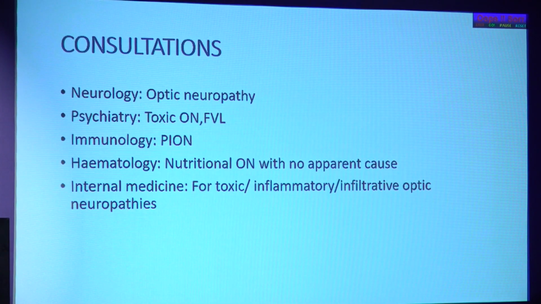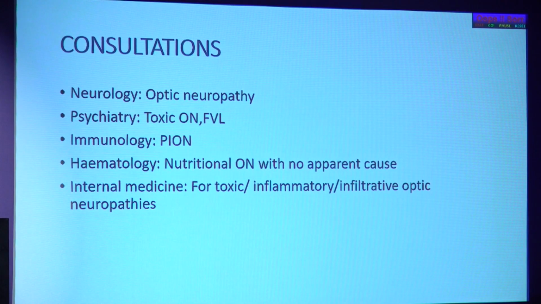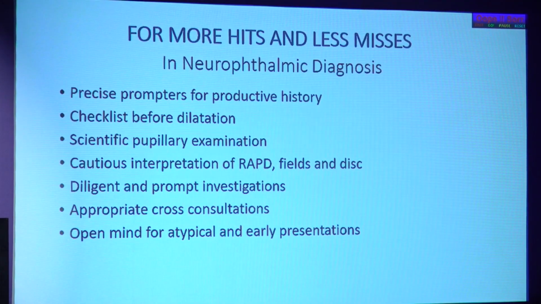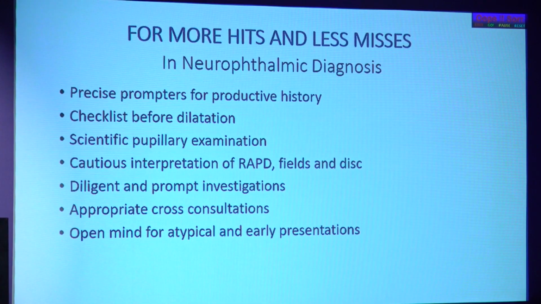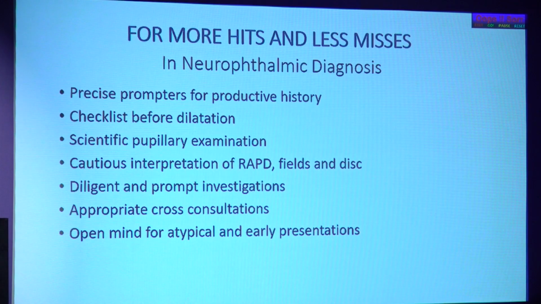Never shy away from consultations. It is always a teamwork. Neurologists, psychiatrists, immunologists, hematologists, internal medicine, the entire battery and the team has to be called in as and when necessary. So in conclusion, the take-homes are to aid your neuro-ophthalmic diagnosis in cases of suspected functional visual loss: make sure that you have precise prompts for a productive history, you have a checklist before dilatation, your pupillary examination is scientific and technically right.